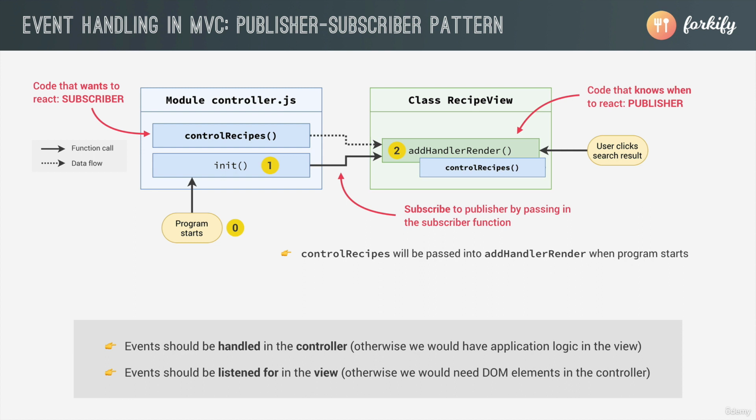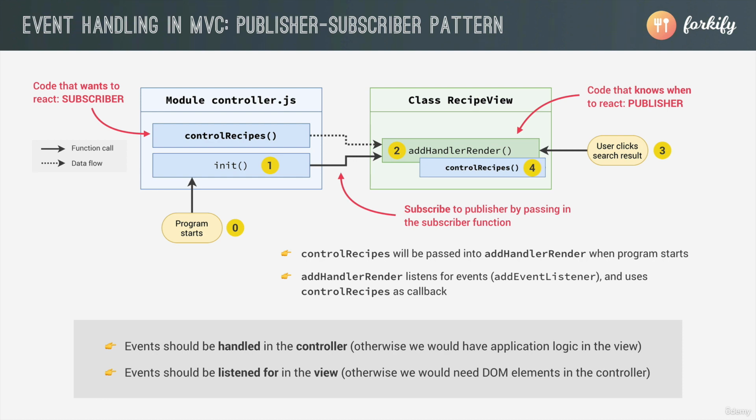So essentially, we subscribe control recipes to add_handler_render. And so at this point, the two functions are basically finally connected. And so now add_handler_render listens for events using the add_event_listener method as always. And then as soon as the event actually happens, the control recipes function will be called as the callback function of add_event_listener. Or in other words, as soon as the publisher publishes an event, the subscriber will get called.